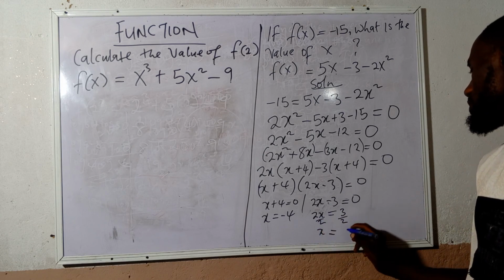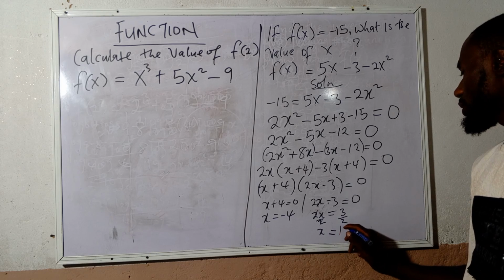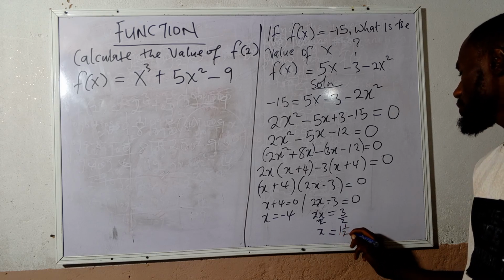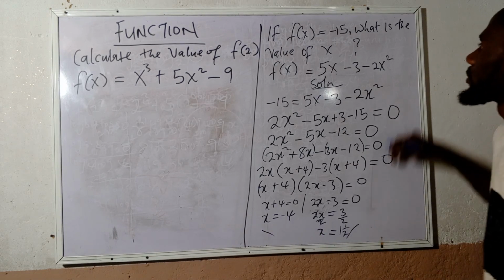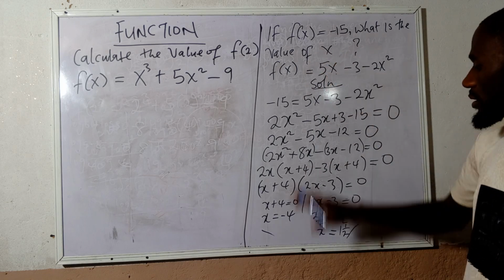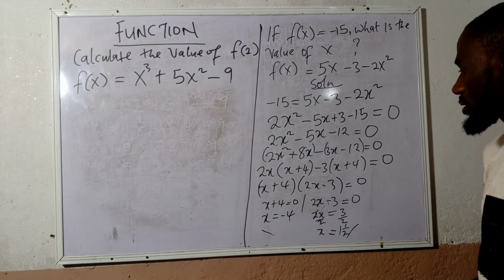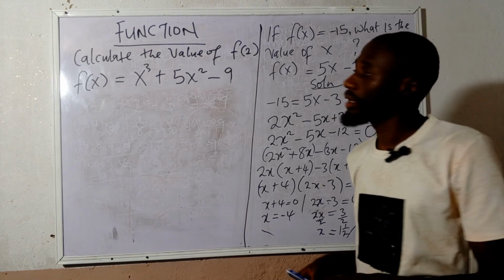Therefore, x is equal to 1 and a half. That is, we have the two values of x. That is x, it is either minus 4 or 3 over 2.